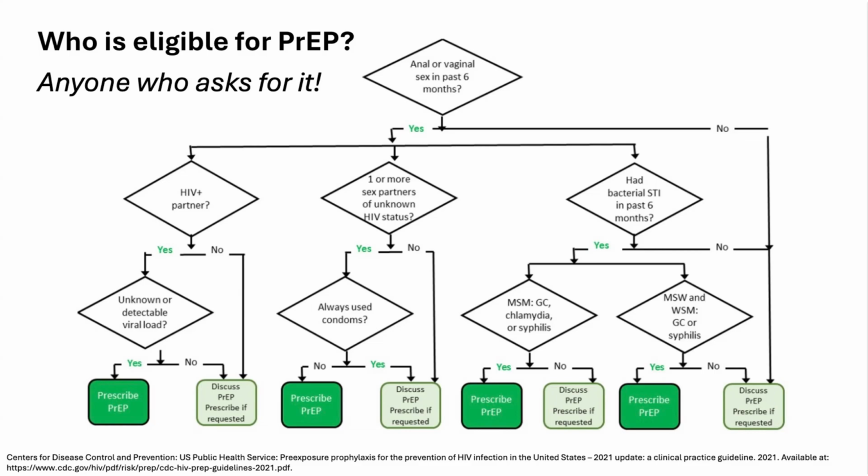And this includes gonorrhea, chlamydia, or syphilis for men who have sex with men, or MSM. It also includes gonorrhea or syphilis for women who have sex with men and men who have sex with women. And the reason that chlamydia is not included in that group is that chlamydia is not highly linked to HIV transmission in that population.